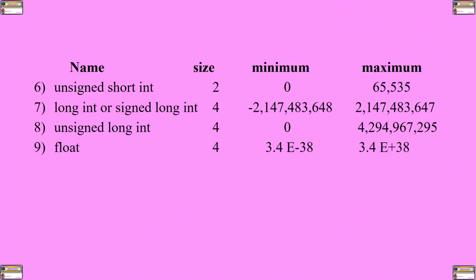The next data type is float. Float is 4 bytes. And this one allows numbers with decimal points.